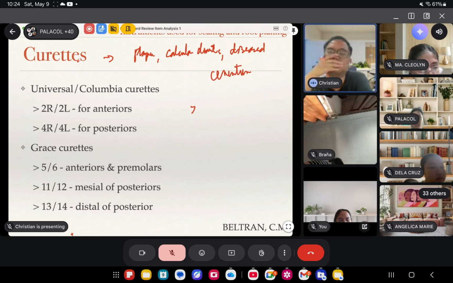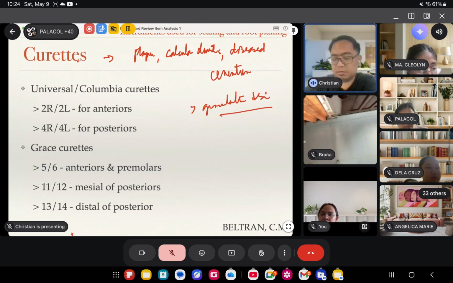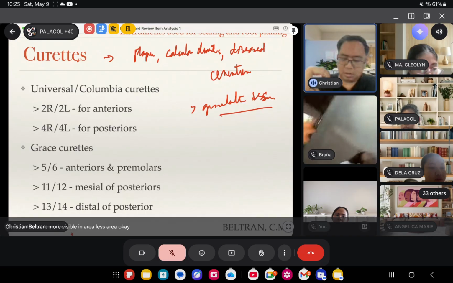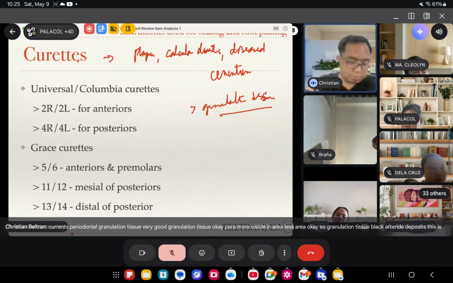Periodontal curettes. Granulation tissue. Very good. Granulation tissue, so that the area is more visible and less bloody. So granulation tissue, plaque, calculus deposits, diseased cementum.